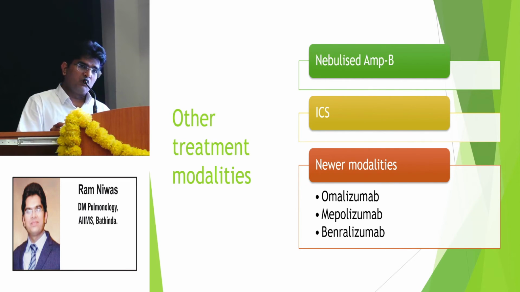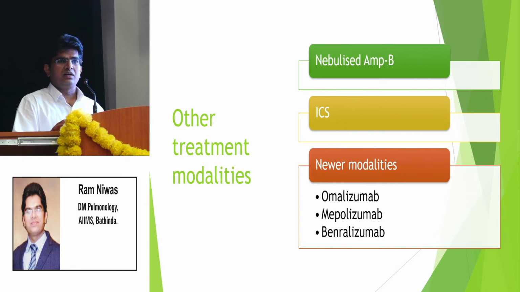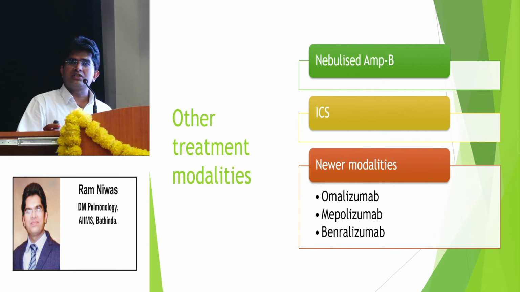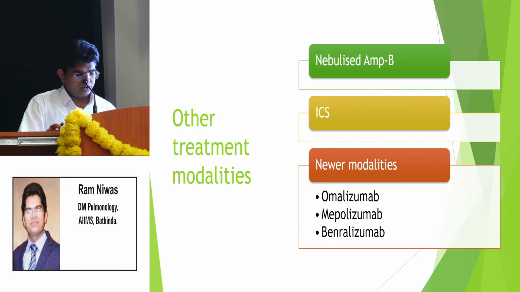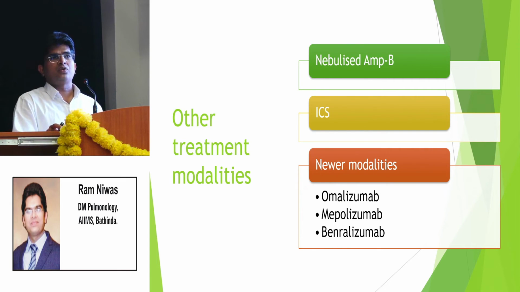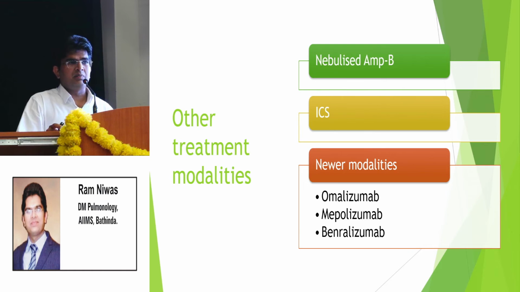Although there are a few small RCTs, and they have shown that the time to first exacerbation is longer and the number of exacerbations is lower as compared to placebo. Inhaled corticosteroid: as most ABPA patients have underlying asthma, we have a role for inhaled corticosteroid, but for ABPA itself there is no role of ICS.